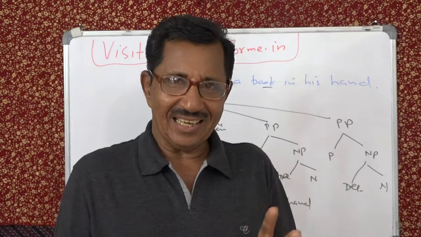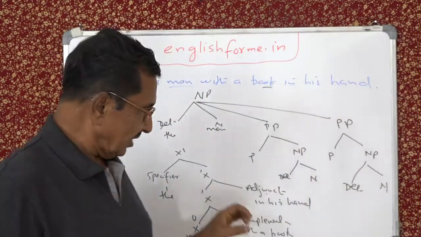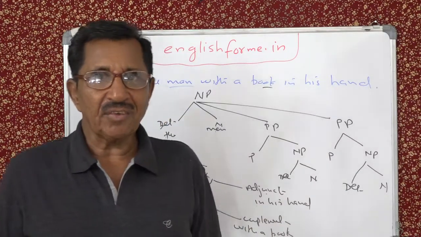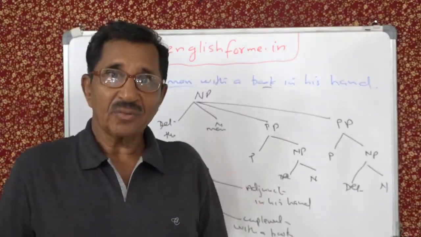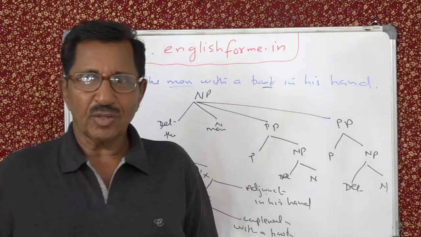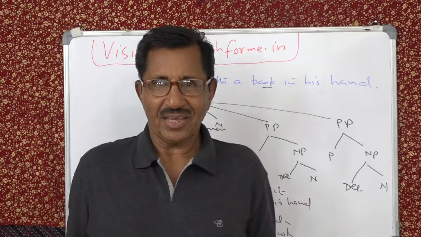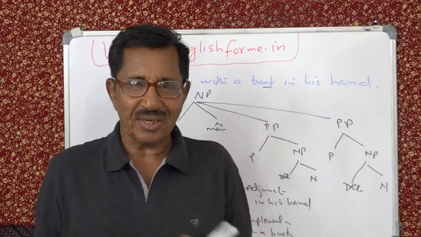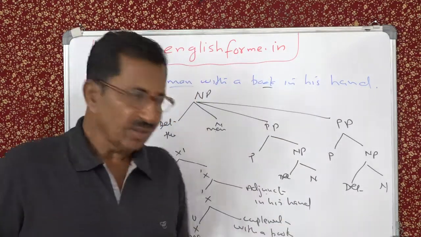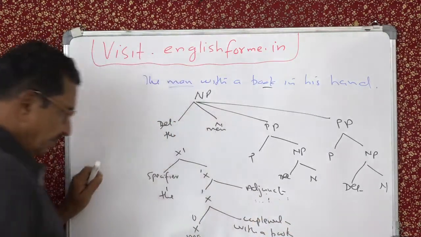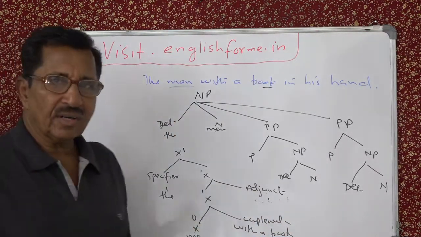Adjunct is a phrase. Here also is a phrase. Or it can be a word. And if you drop that, it won't cause any injury to the semantic content of the phrase. Semantic content means meaning. I'm using a big word, that's all. For example, suppose you don't have this, then still "the man with the book" is all right.